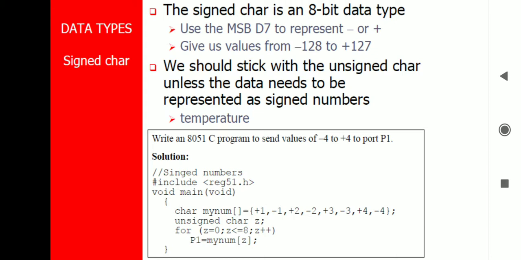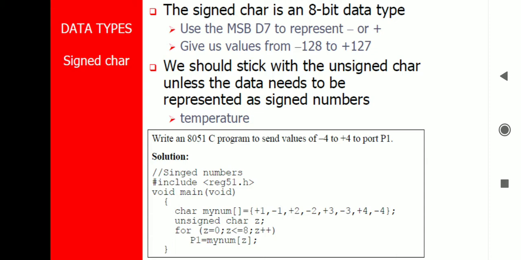Then the next one is signed character. It is also an 8-bit data type, but the range of values is from -128 to +127 in decimal. We should stick with the unsigned character unless the value needs to be represented as a signed number, for example, temperature.